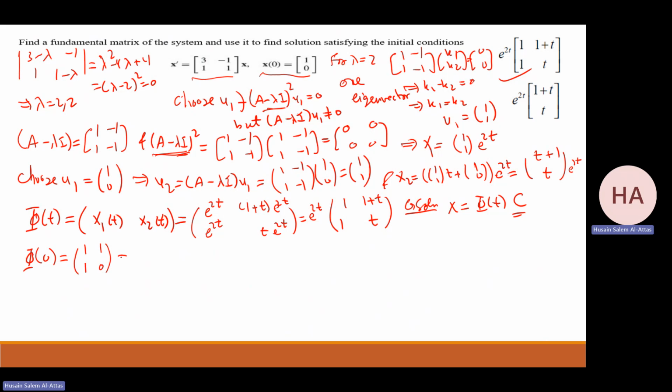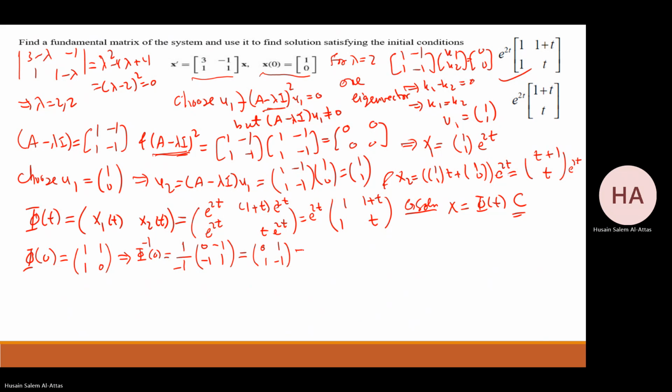How to find the inverse? Phi inverse at 0. That will be 1 over minus 1, and replace them, this is minus 1, minus 1. So the answer is 0, 1, 1, minus 1. Okay.